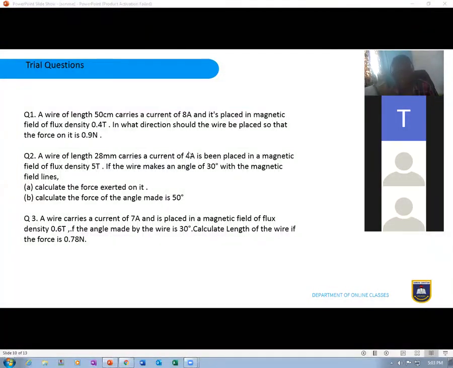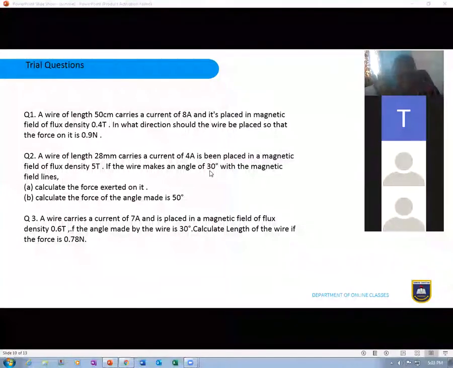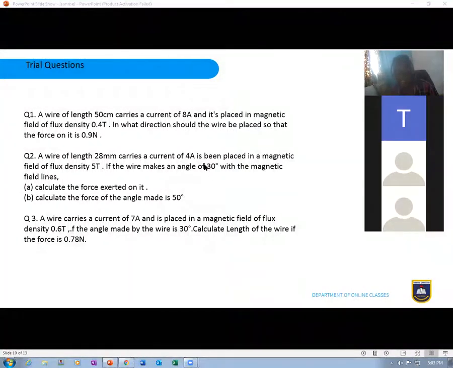So 5 times 4 times 28 times 10 raised to the power -3 times sine theta, which is sine 30, and sine 30 is 0.5. If you multiply, you get your answer. So your answer is 0.28 Newton. Okay, thank you.